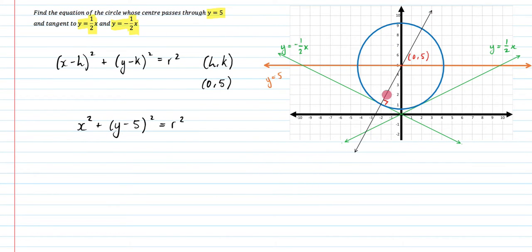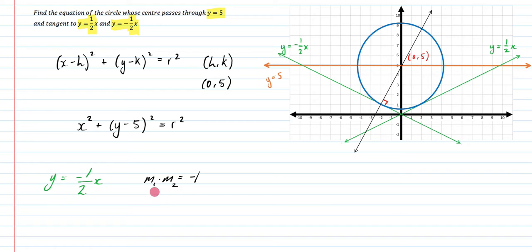I'm trying to find this line right here, and I'm starting with y equals negative a half x. So my gradient is going to have to be perpendicular. The rule for finding a perpendicular gradient is gradient times gradient equals negative 1, m1 times m2.